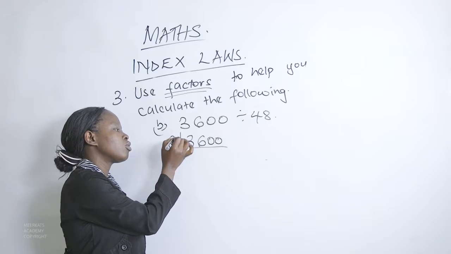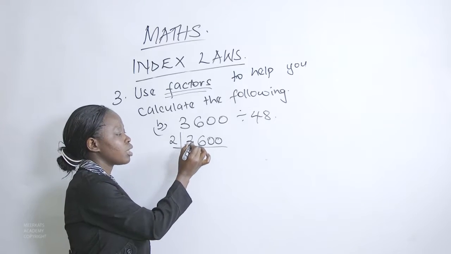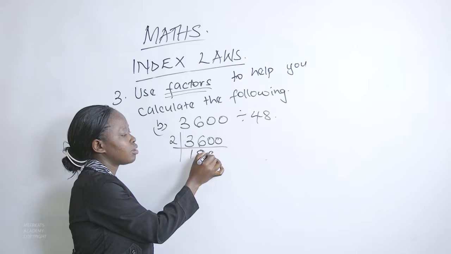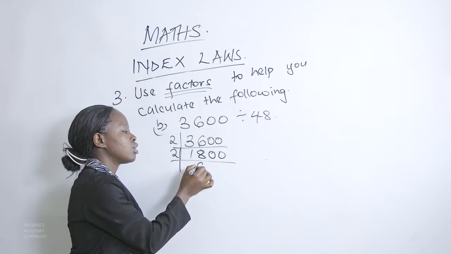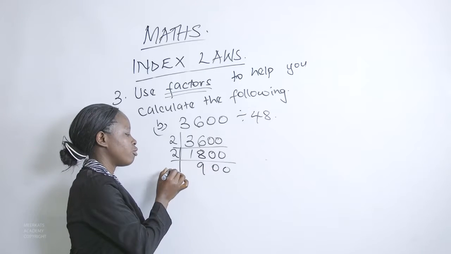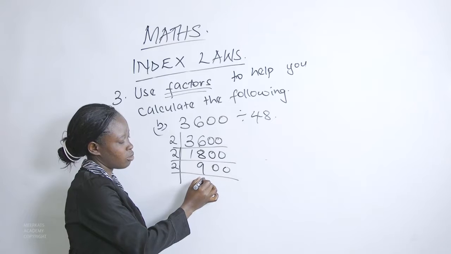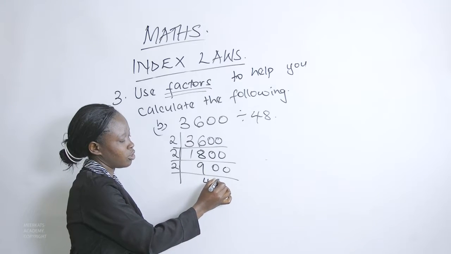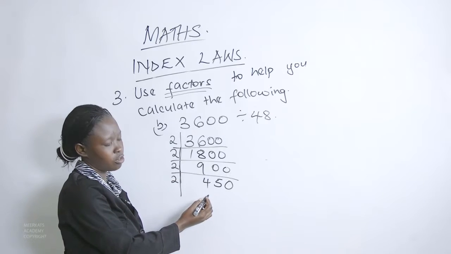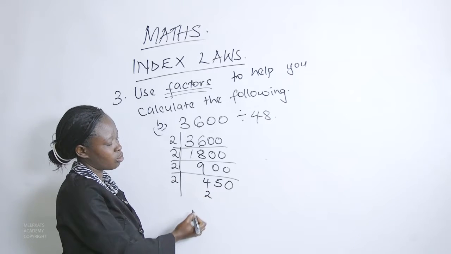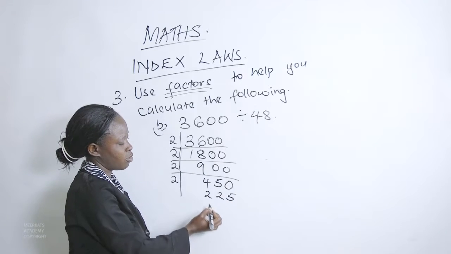So 2 into 3,600 into 3, that is 1, into 16, 8, then we have the zeros. 2 into 18 is 9, then we have the 2 zeros. 2 into 9, that is 4 because of 8, into 10, 5, then the 0. 2 into 4, 450, into 4, that is 2, into 5, 2, into 10, 5.